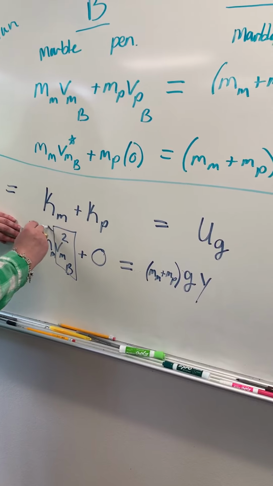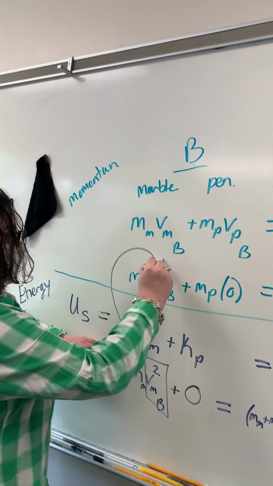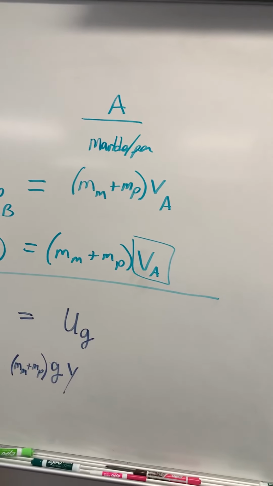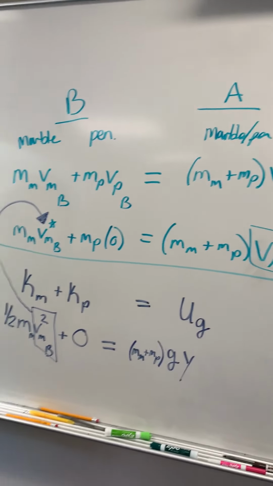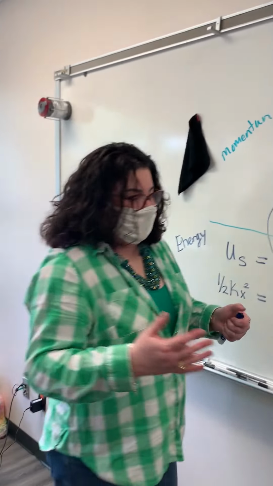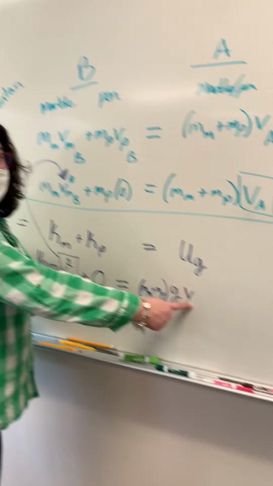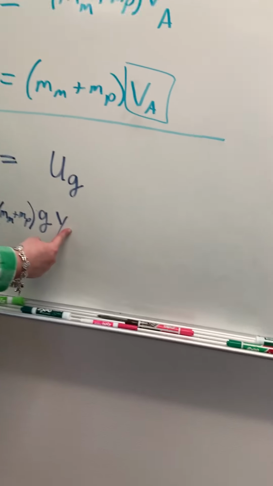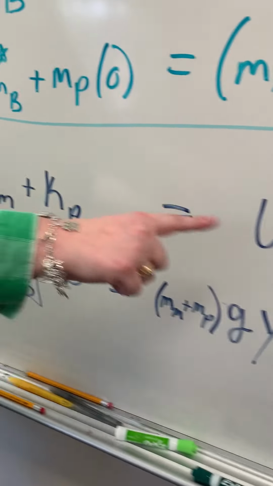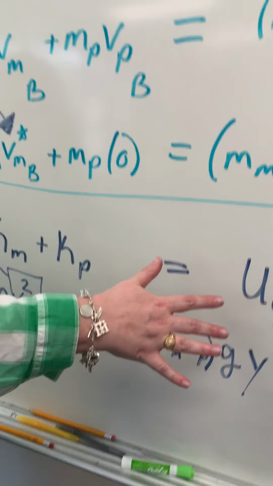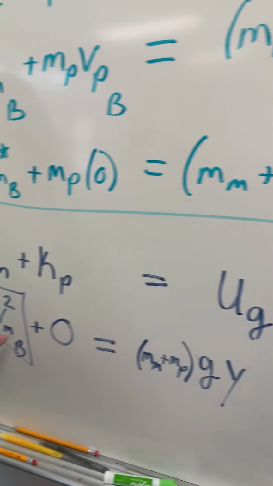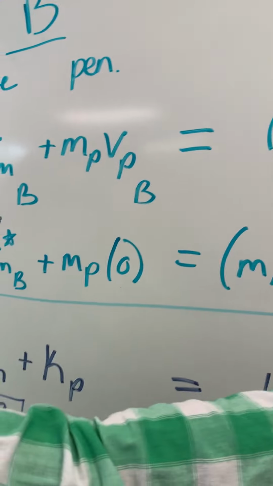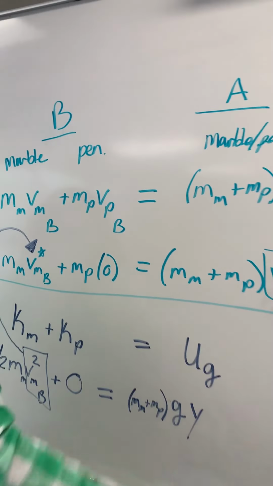Once we solve for our velocity, we can come up here and now solve for our final velocity. So it is technically a 3-step problem. You have to solve for your height first, which the packet that says help tells you how to do. Then you have to use your conservation of energy equation to solve for velocity. Then you have to use your conservation of momentum equation to solve for your final velocity.